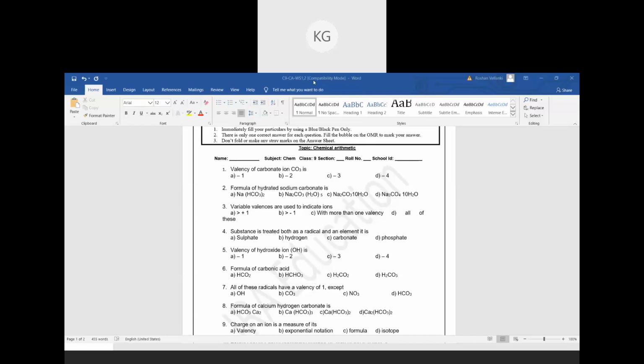Let's get option B. The valency of hydroxide ion is? OH minus, very good. Option A.